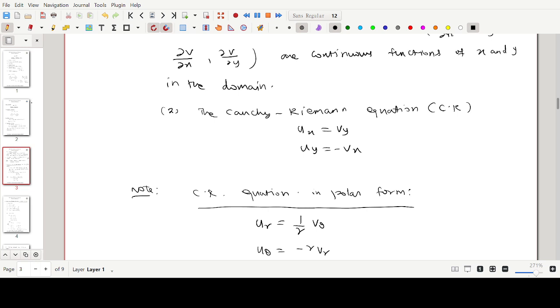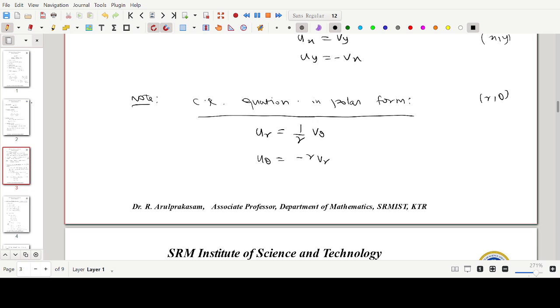What is the polar form of the CR equation? We know the polar form is in terms of r comma theta, and the Cartesian form in x comma y. The CR equation in polar form is nothing but Ur equals 1 by r V theta, U theta equals minus r into Vr. What do you mean by Ur?